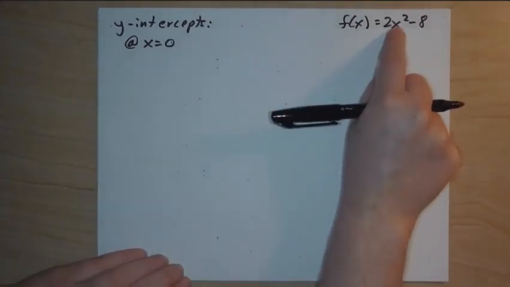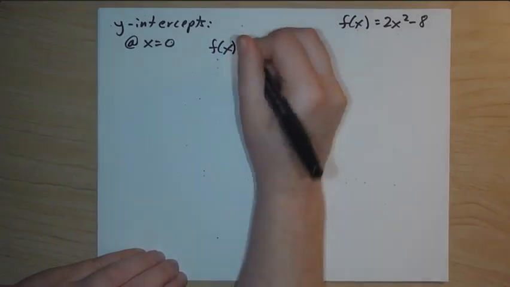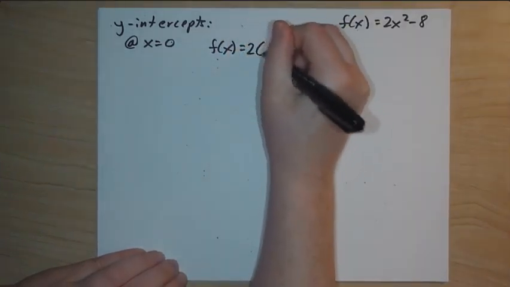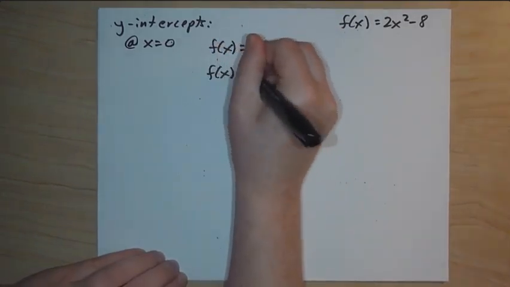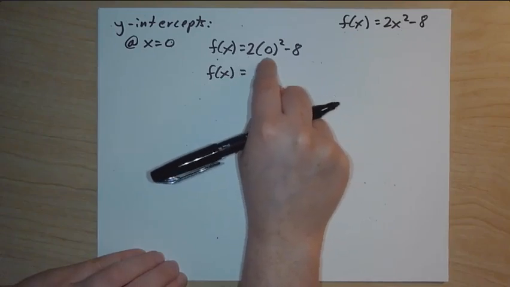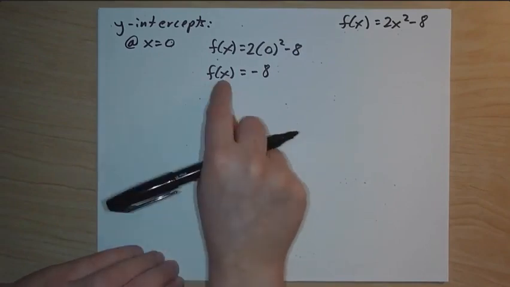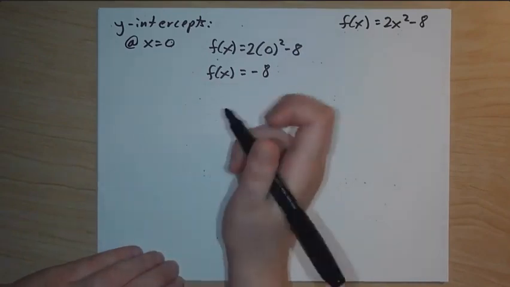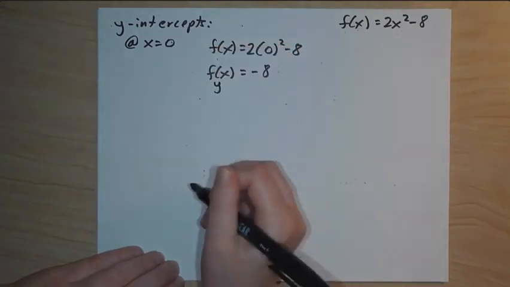If we plug in 0 for our x here, we have f of x is equal to 2 times 0 squared minus 8. This is all just going to be 0. 0 squared is 0, 0 times 2 is 0, 0 minus 8 is just negative 8.